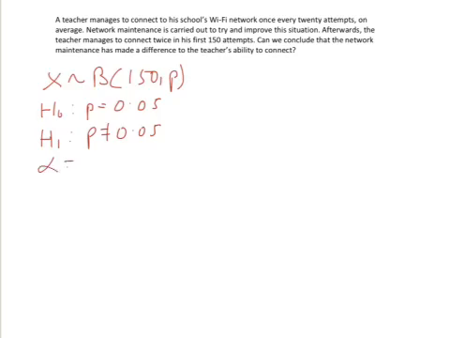We've got a 5% significance level. Now, we can use a Poisson approximation, so we can say that X approximately has a Poisson distribution with 7.5. That's because lambda is 150 times 0.05, which is 7.5.